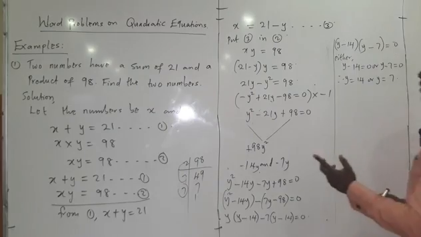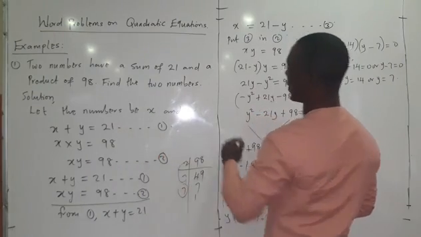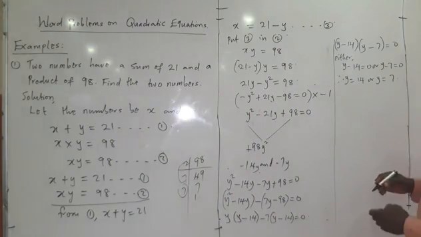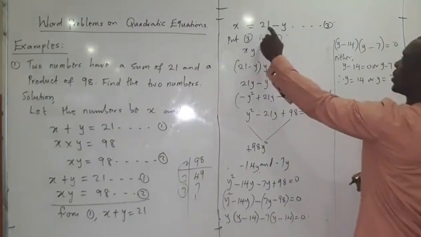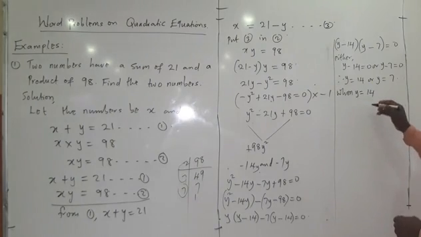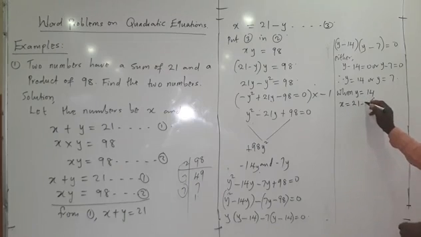So we are going to get x because we need the numbers to be what? x and y, not y and y. So we are going to go back to equation 3 that says x equals what? 21 minus y. So you can now say when y equals 14, then x equals 21 minus y, which is 21 minus 14, which equals 7.